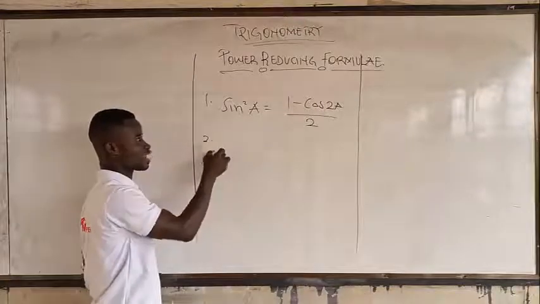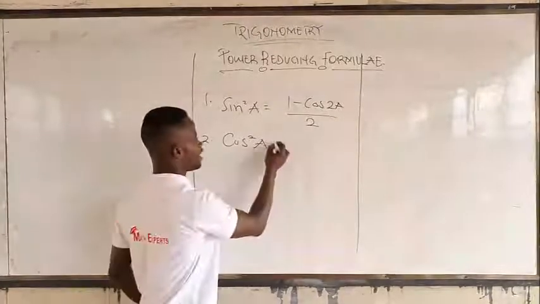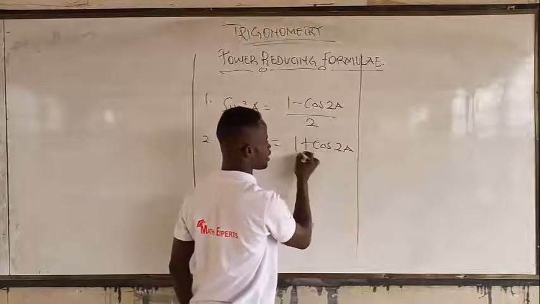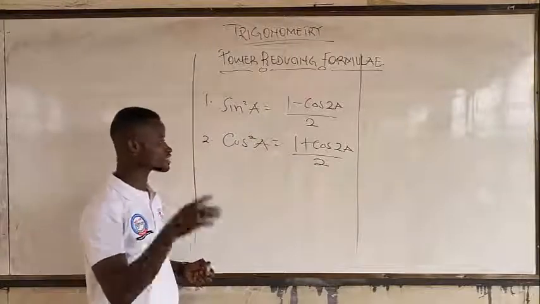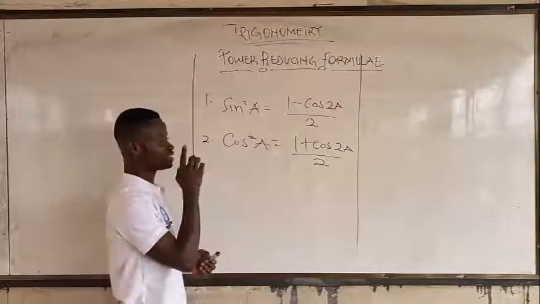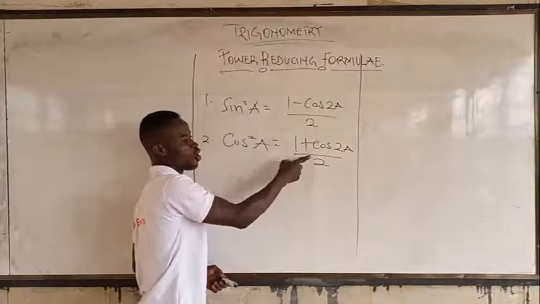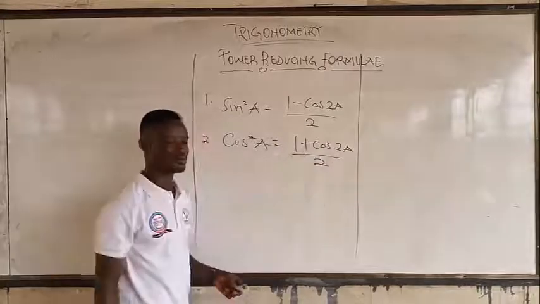The second one is for the cosine, and that is cos squared A equals 1 plus cos 2A over 2. If you look at it critically, you can see that twice the argument here gives you the one there.